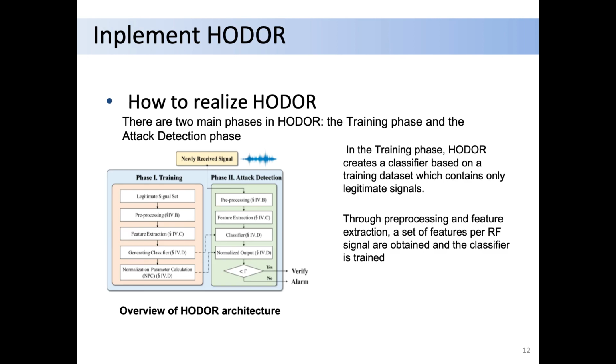Now let's see how to implement the holder. Roughly it includes 2 steps. The first step is training, and the second step is detection. We use a legitimate key to train it to get a classifier, and then we use the classifier to distinguish the input RF signal.